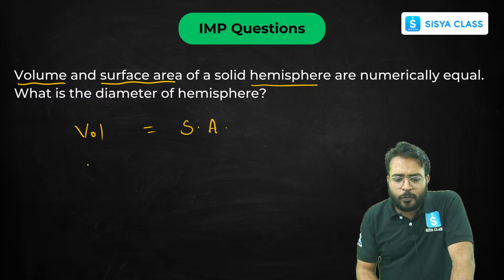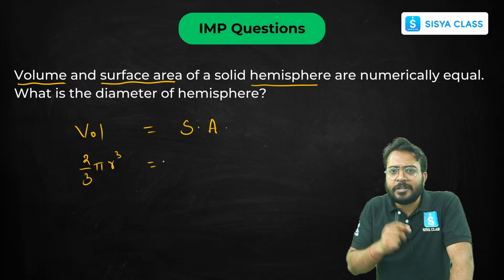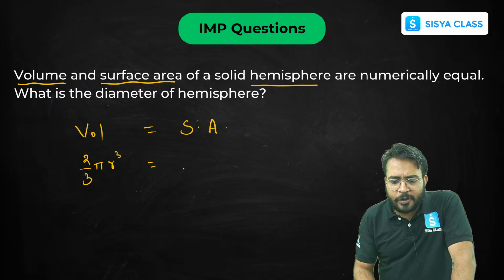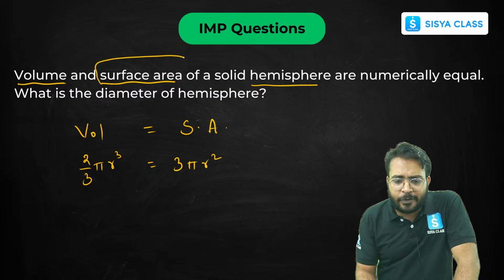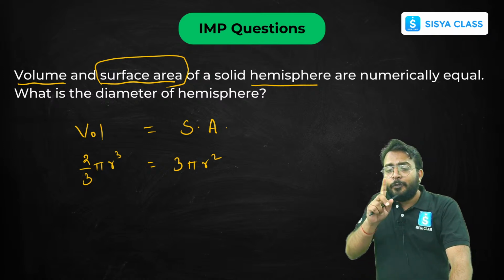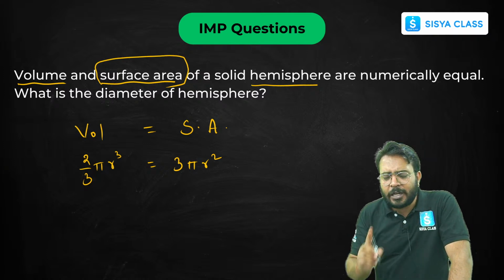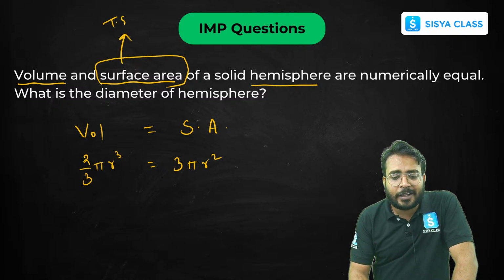Here the volume of your hemisphere is going to be 2/3 πr³. Now what is going to be the surface area? The surface area of your hemisphere is going to be 3πr², right? Here they are saying only surface area. So which surface area do we need to use here, curved surface or total surface? Whenever they say only surface area, by default we consider it as the total surface area.